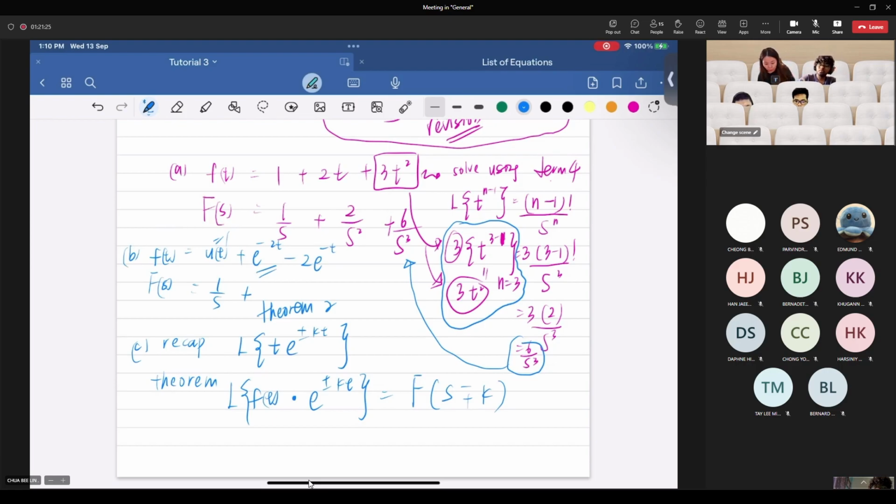So you compare now, the question is Laplace of t multiplied with e. Now is the question of t e negative 1t.